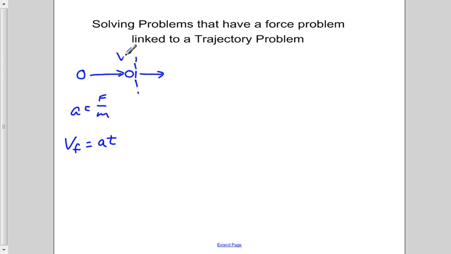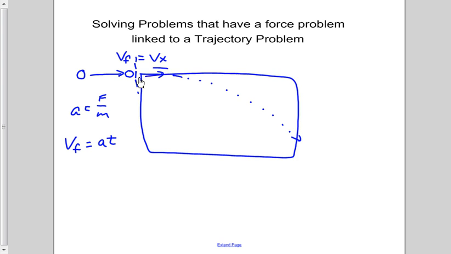So the VF of the interval while it was being pushed became the Vx for the trajectory. Now from that point on, the trajectory of the ball could be found using that Vx and other information that was given in the trajectory part of the problem.